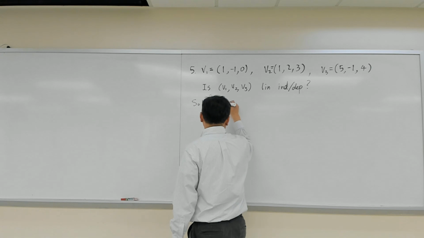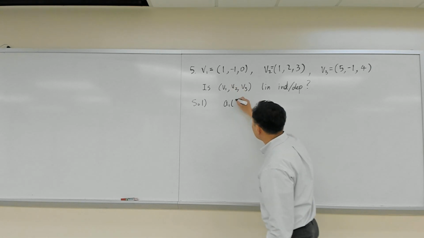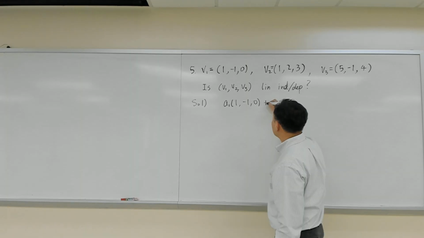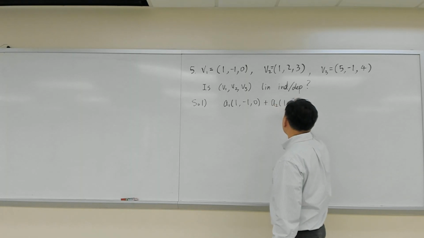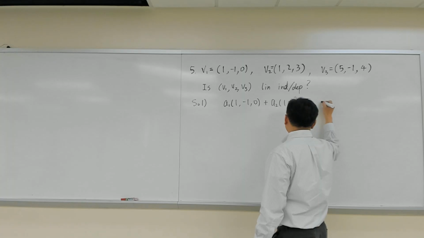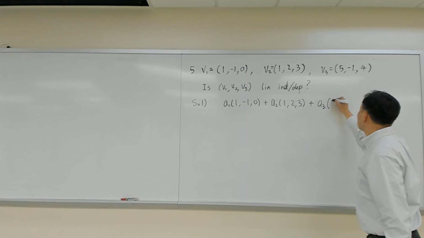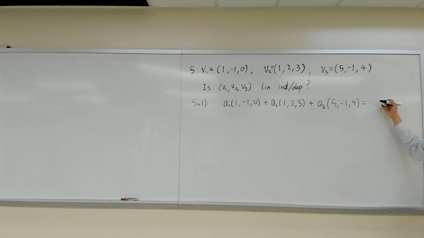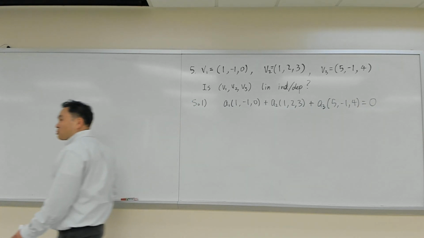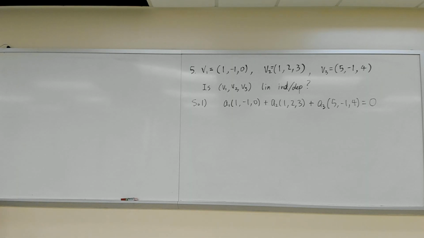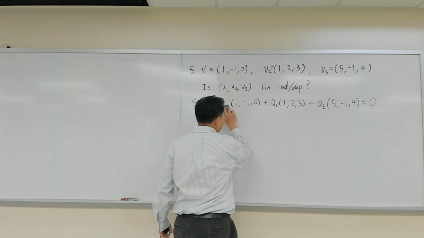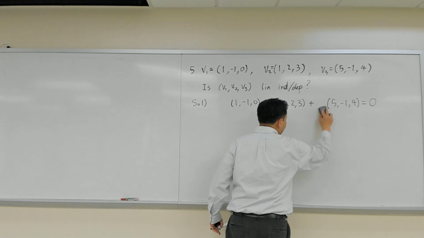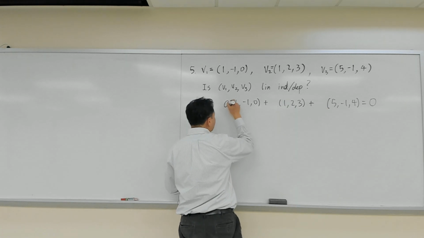So we take A1 times V1, which is (1, -1, 0), A2 times V2, which is (1, 2, 3), plus A3 times V3, which is (5, -1, 4). And I want to figure out for what A1, A2, A3 this becomes 0. By the way, writing down subscripts is not so easy, so instead let's just go with A, B, C.